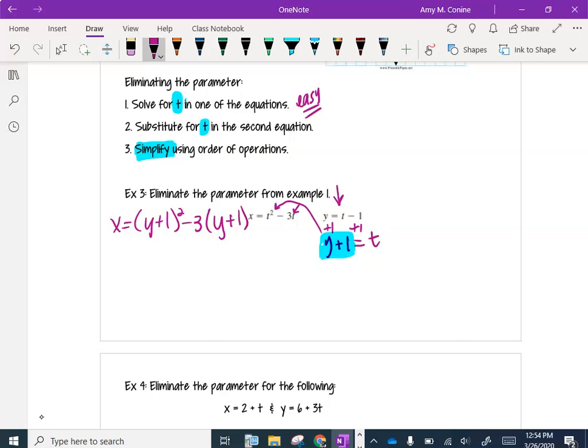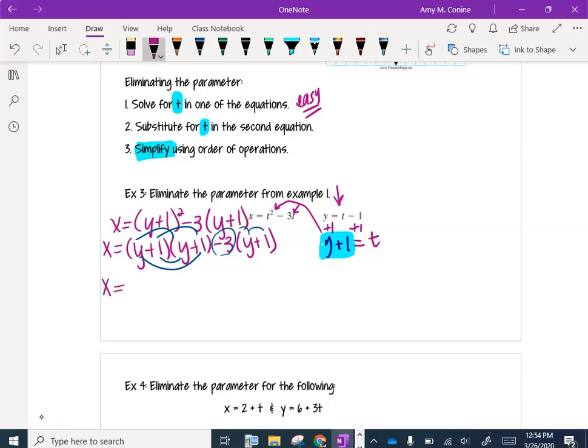Now you're going to expand and do swoop or smiley face or rainbow soda. I don't care what you remember to do. If you remember it's just FOIL, you're going to do all of those in this step. You can even distribute your -3 in here.